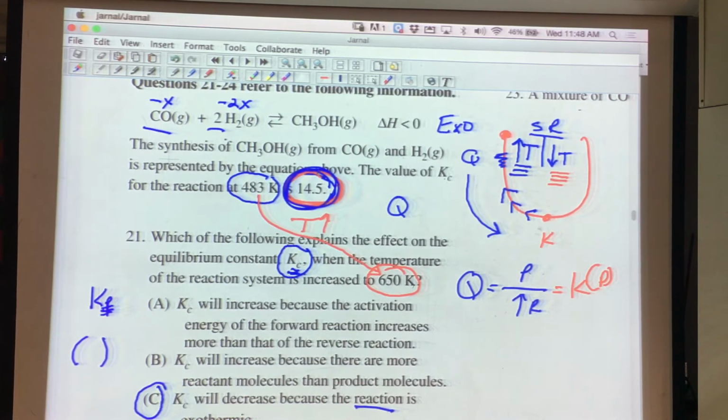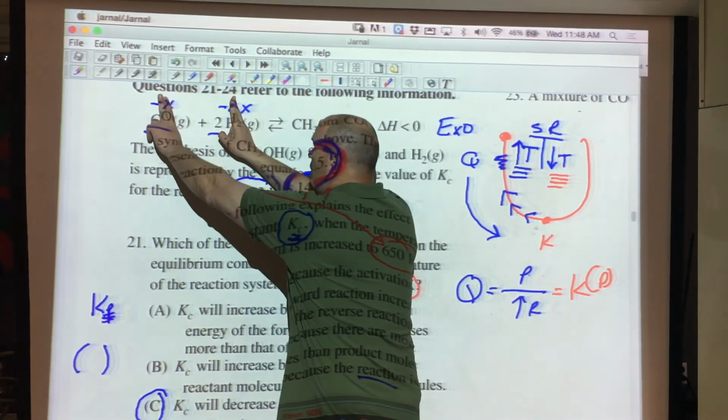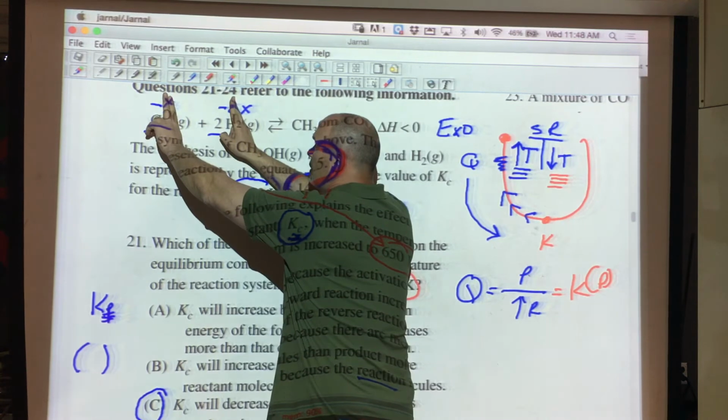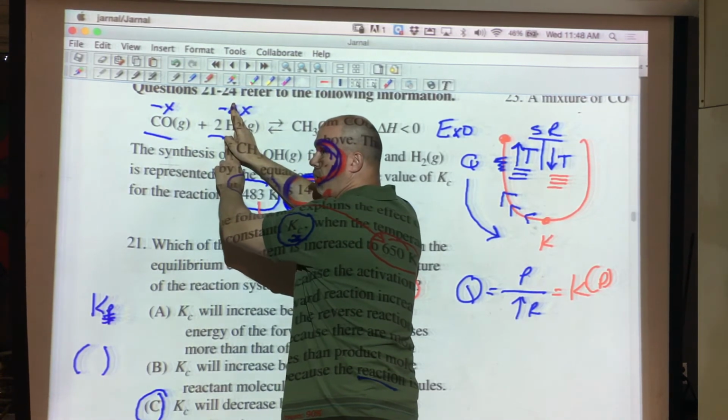Besides, we added a mole of each, which means half a mole of something's going to disappear. If I had a mole of each, do it quickly in your head, this is a mole, this is a mole. Isn't this going to be half? So I would lose 0.5 of this mole.